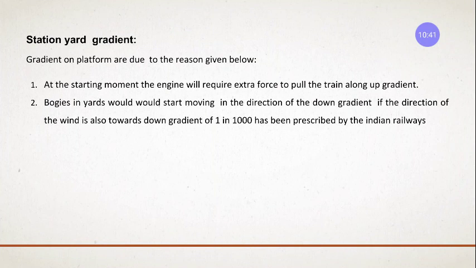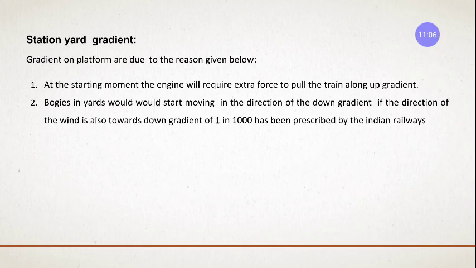Now, station yard gradient. But why do we require a station yard gradient? We provide the station on a straight level track, right? So why do we want some gradient? Why? Because to start the engine or to stop the engine, it becomes very easy, right?